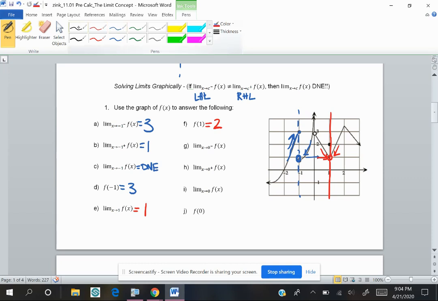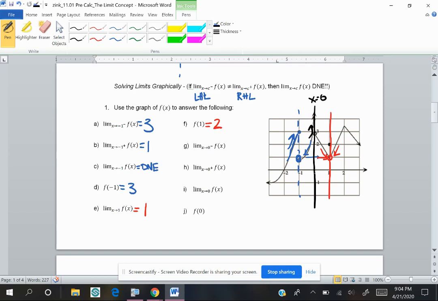Letter G. Now we're going to look at 0. Here's 0, this black line, so that's x equals 0. We want to know what happens as we approach 0 from the left side. We go as close as we can to the black line and look at what's happening to the left of it. There's this curve here, and as we go to the left, it's going towards infinity, closer and closer.